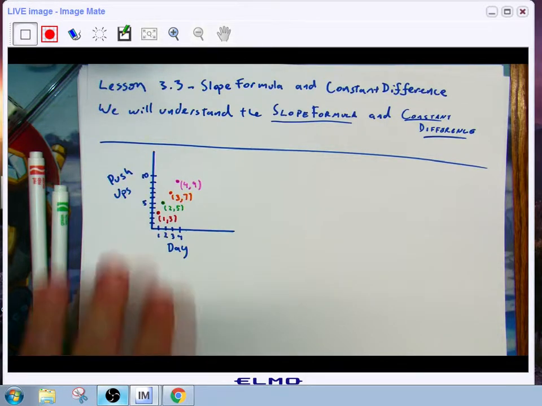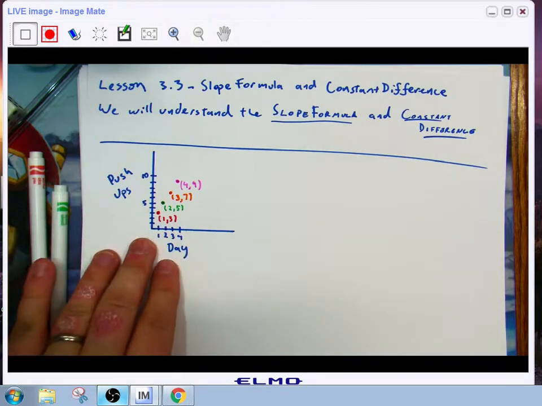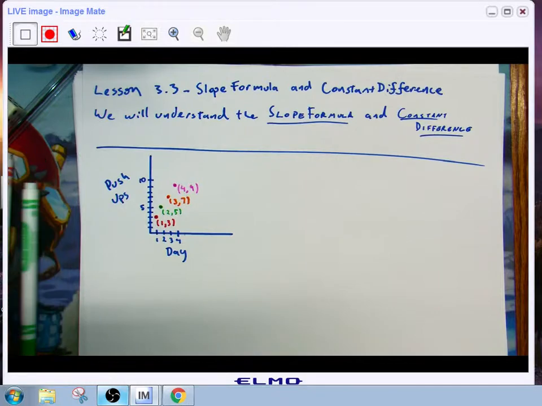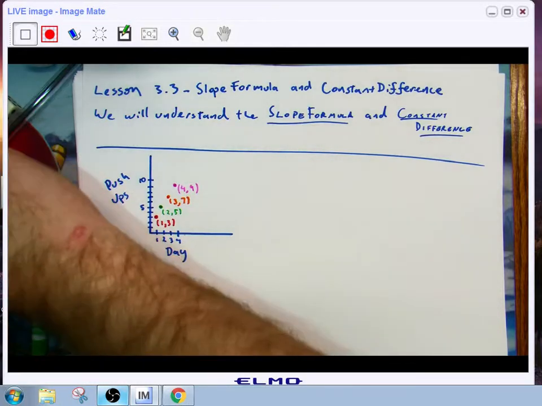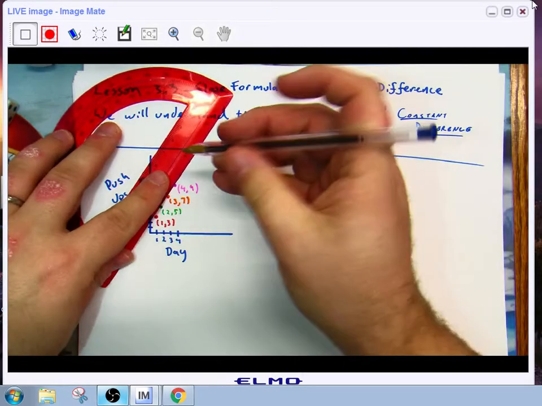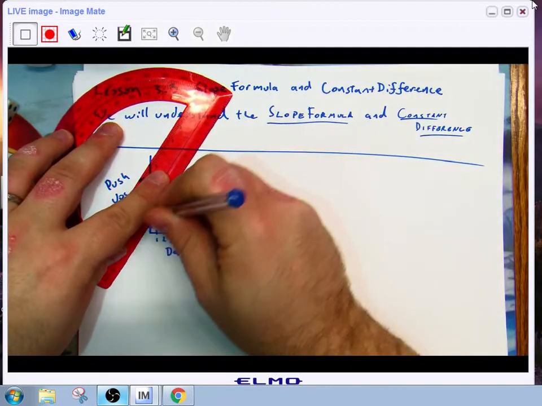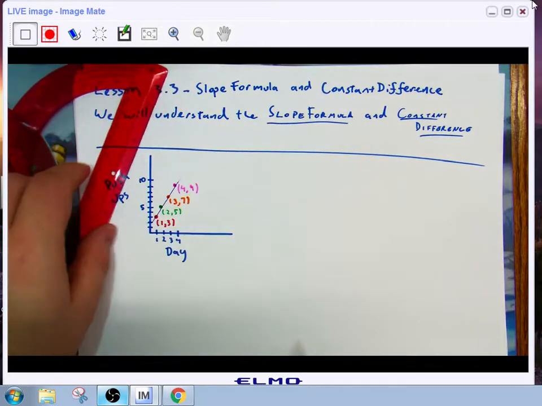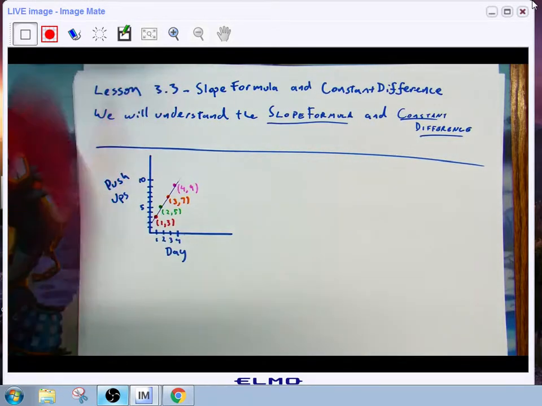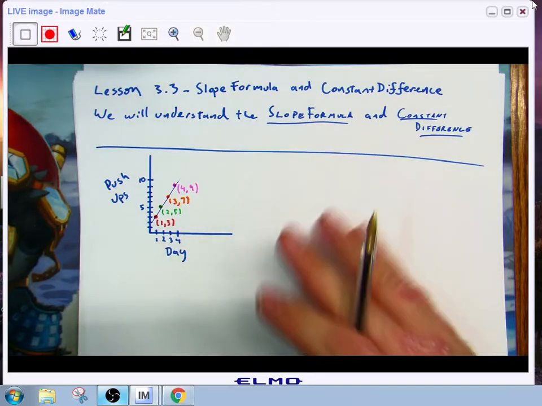So all I did was convert that into this graph. When I look at this graph, what can I see? These points kind of make a line, don't they? And in fact, they do make a line. They're in a straight line, my slight errors notwithstanding. I did just sketch it.